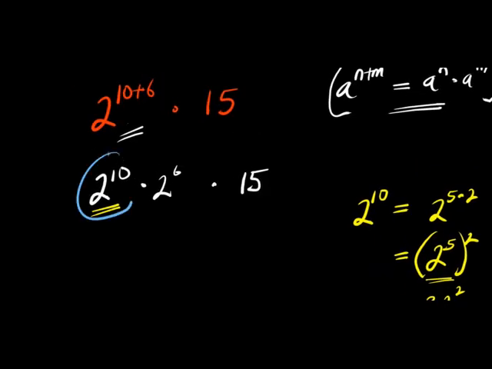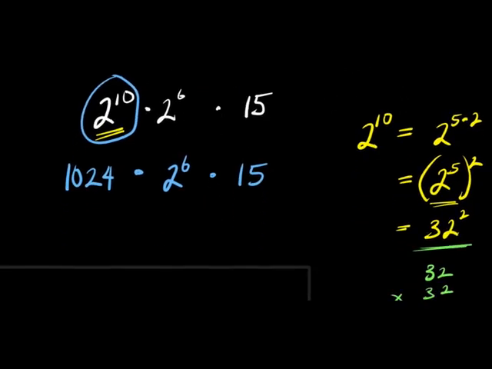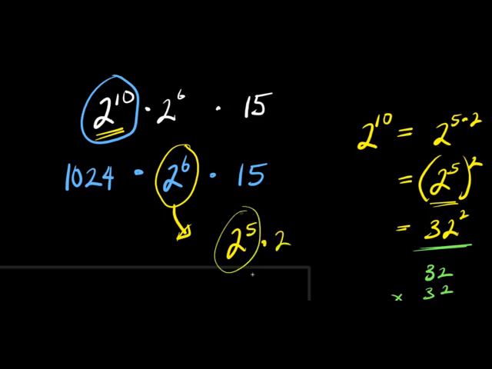So this is 1024 times 2 to the power of 6 times 15. From here, 2 to the power of 6 is simply 2 to the power of 5 times 2. And 2 to the power of 5 from here is 32.